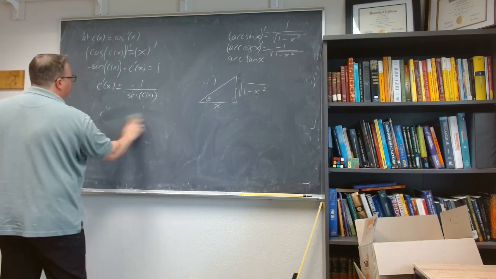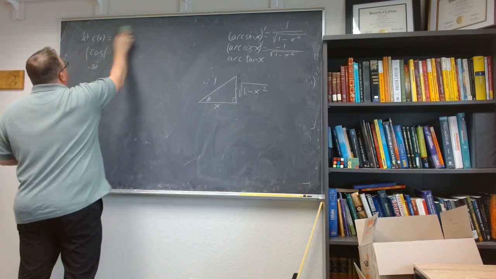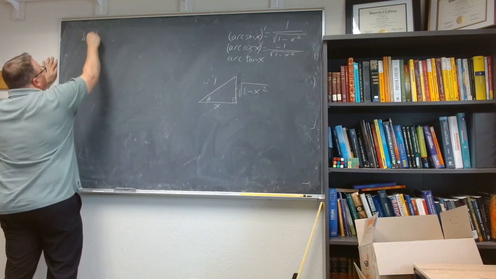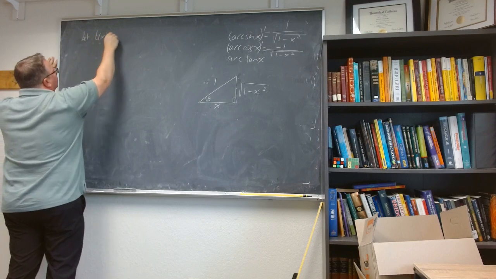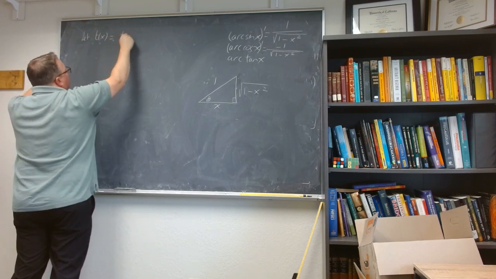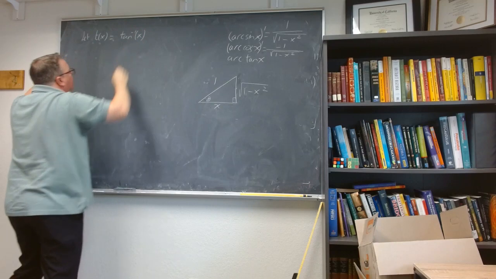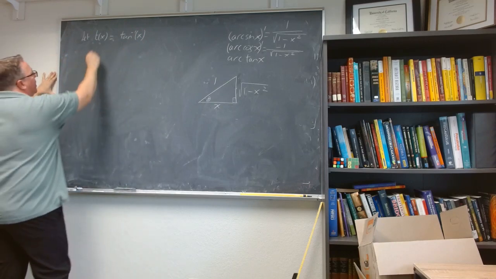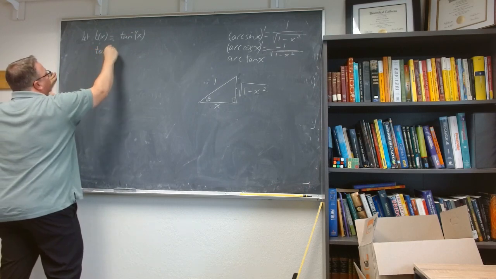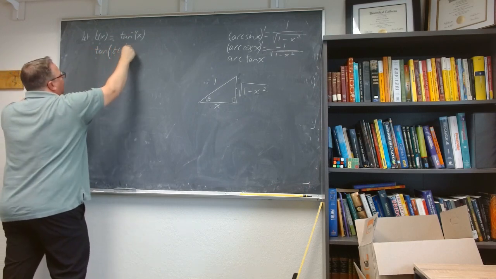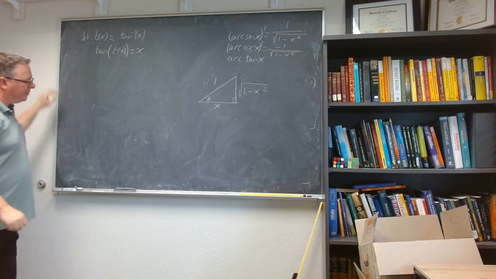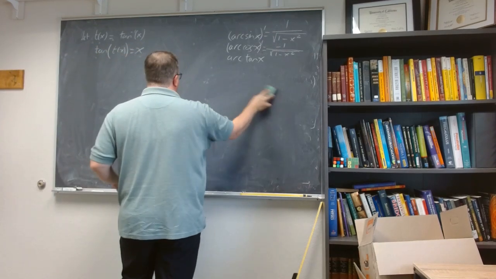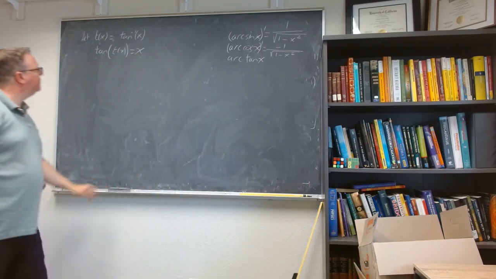For tangent, I use t of x, and this will be arctan. And this time, in order to undo it, we plug it into tangent. So the tangent of t of x has to give us x back. Now, our picture is going to be a little bit different, so I'm going to erase my triangle once more.